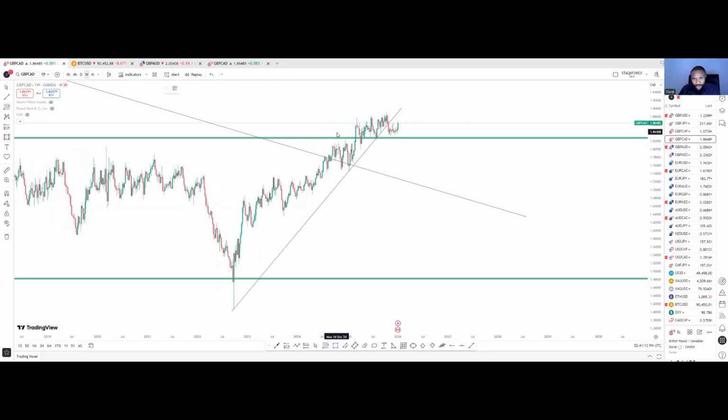Because of this support that we have here, price was unable to break below. If we break below this support level, definitely we'll be looking for a short position, because here will now become support that turned into resistance. For now, we are still bullish on the GBPCAD. So I will mark out the recent highs on the weekly time frame, which is this. This was the last high before the price dropped to this level.